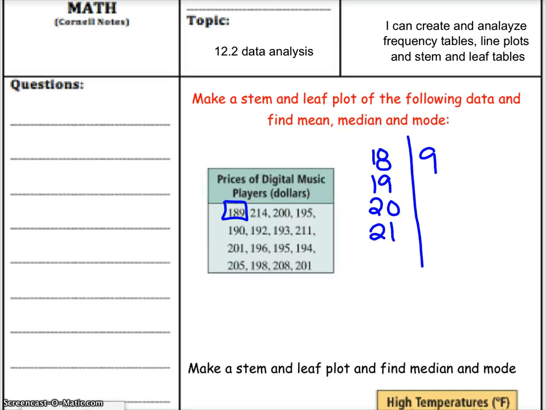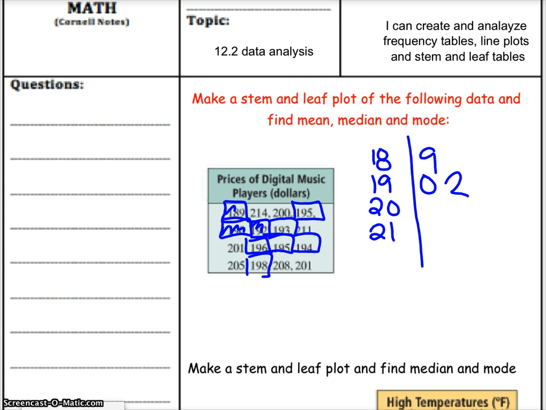My next row is my 190s. I have a 195, I have a 190, oh, I got a lot of them. So now I put them in order. My smallest 190 is a 190. And then I have a 192, so I would put a 2.